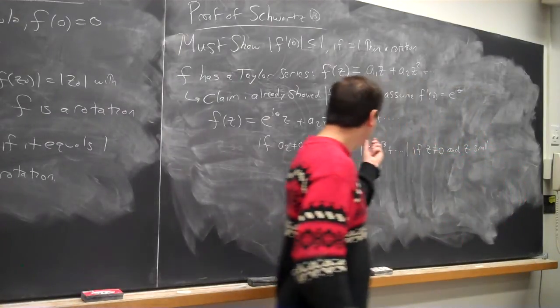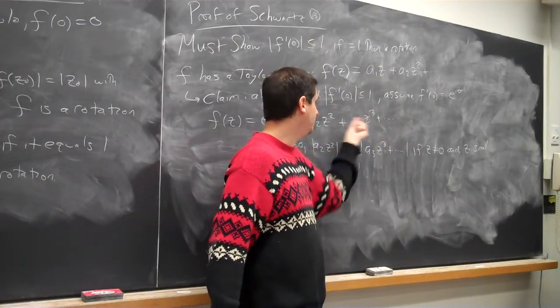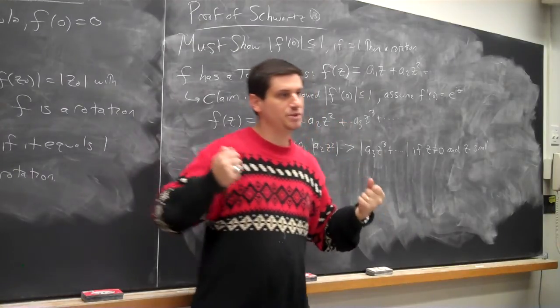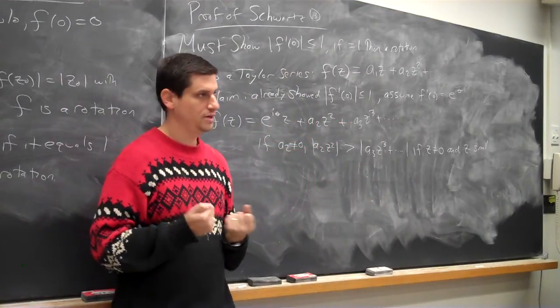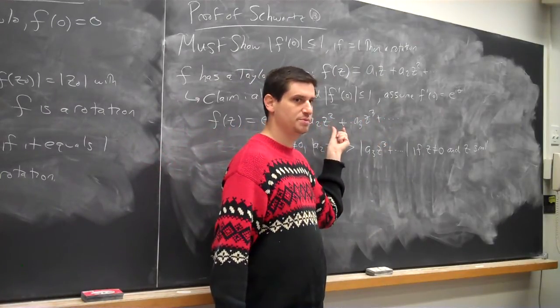If you take z really, really small, this series converges and has an extra power of z compared to a2 z squared. So I can choose z so small that the contribution from this is strictly less than the contribution from this piece.